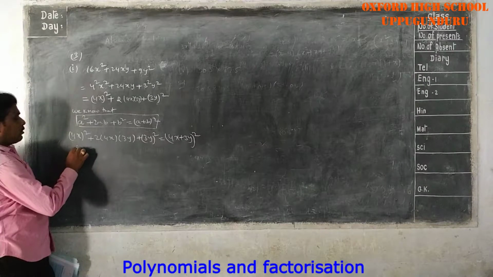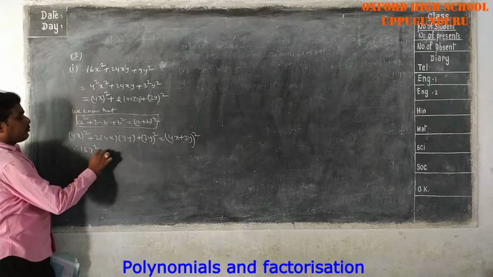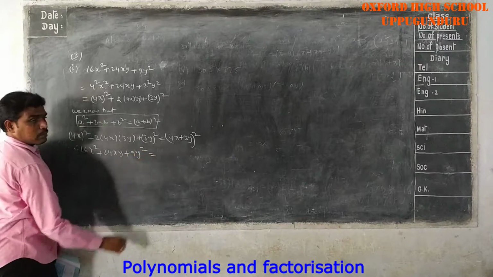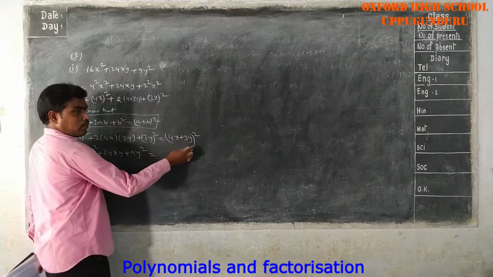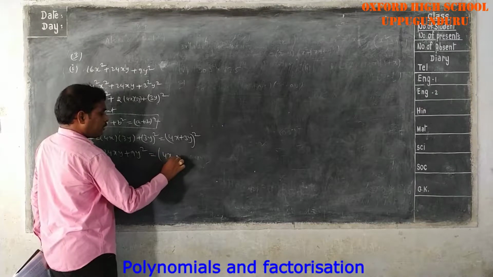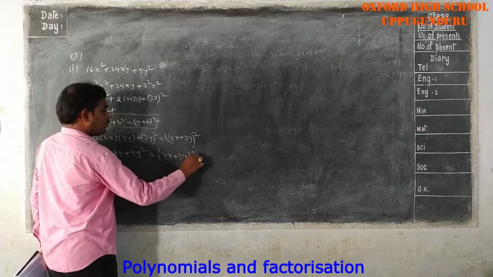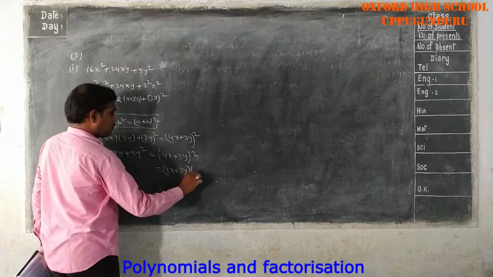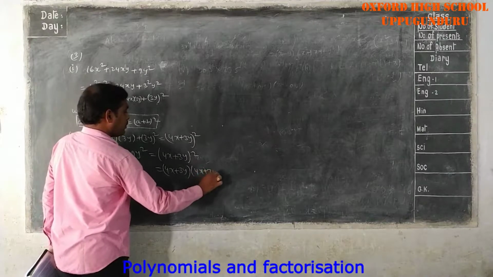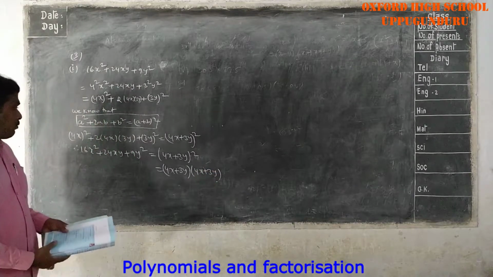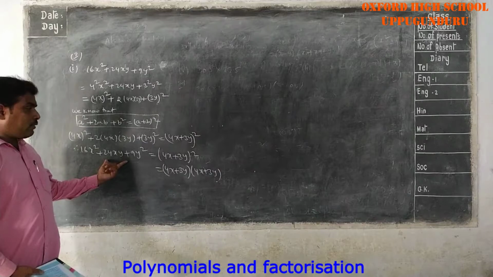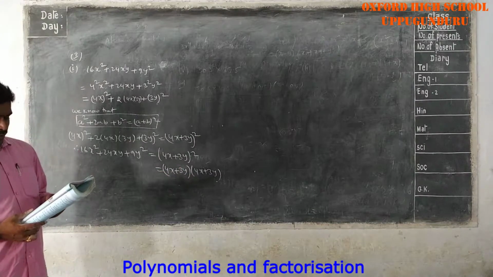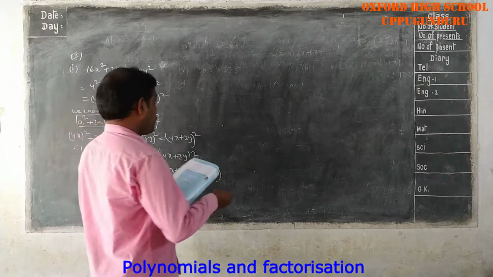Therefore, 16x square plus 24xy plus 9y square equal to a plus b whole square, which means you can write 4x plus 3y whole square, which you can write as 4x plus 3y of 4x plus 3y. So in this way we are factorizing this given polynomial into 4x plus 3y of 4x plus 3y.